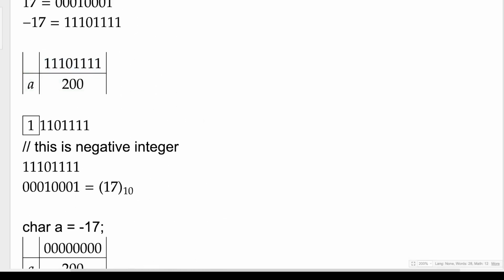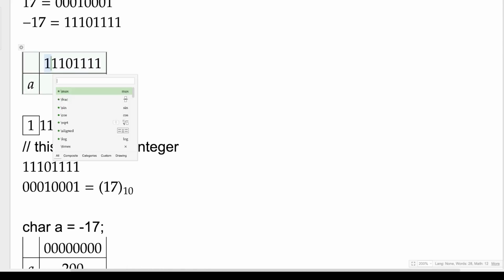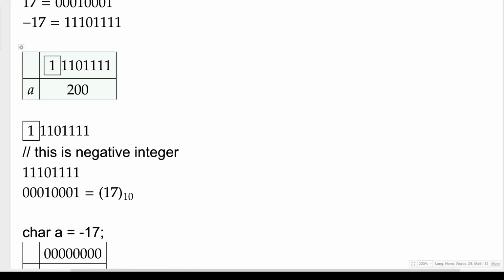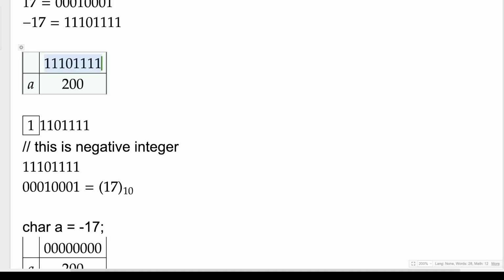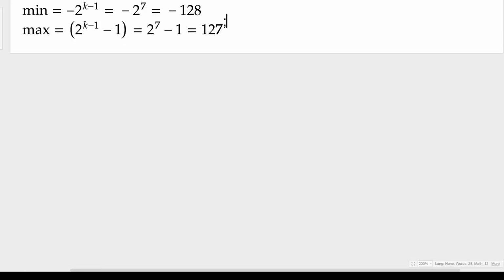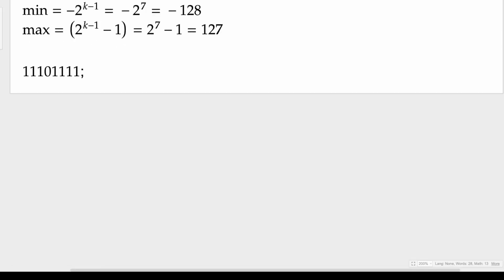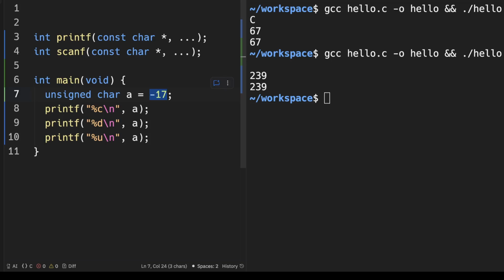So in case of unsigned, this MSB, this most significant bit, is not considered for 2's complement. So what it does, it takes this number as it is and converts directly. If you convert this directly into binary, this will be whatever number was shown, that is 239.